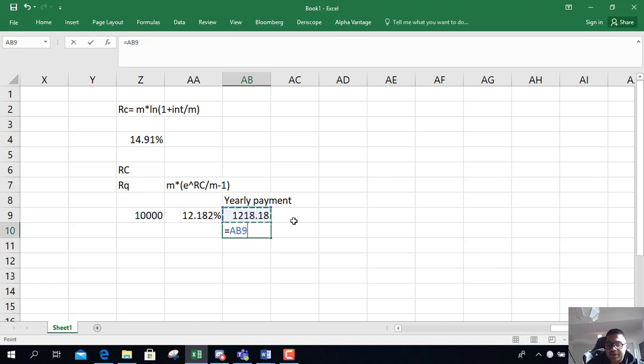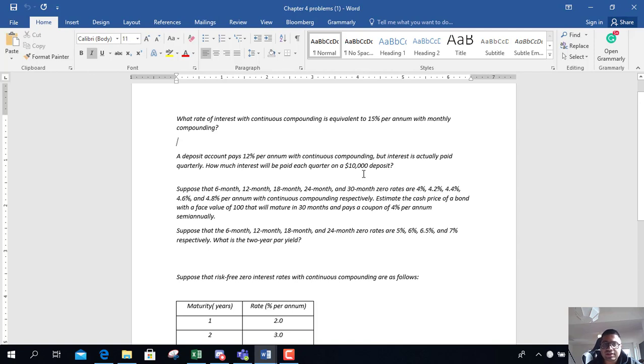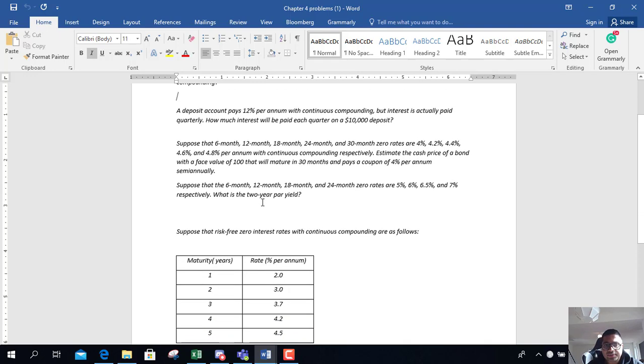But how is the interest paid? It is paid quarterly. So quarterly you're going to get $304.55. Okay, so this is how you do the second one. They are asking you how much interest would be paid per quarter.